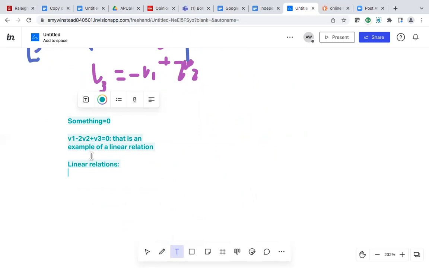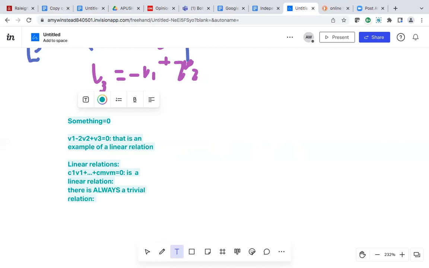So what I just spoke of right there, C1 V1 plus all the way up to Cm Vm equals 0, is a linear relation. Now, there is always something called a trivial relation.